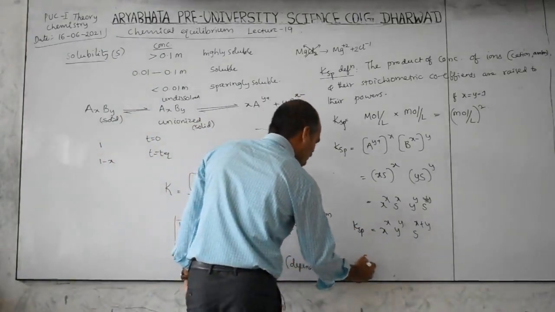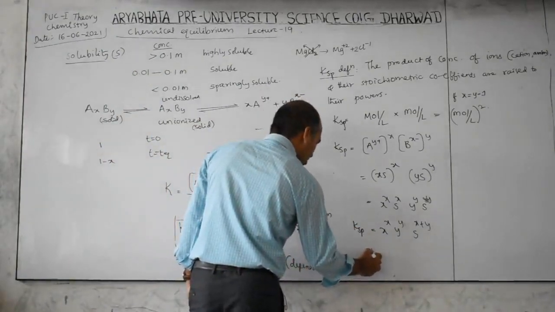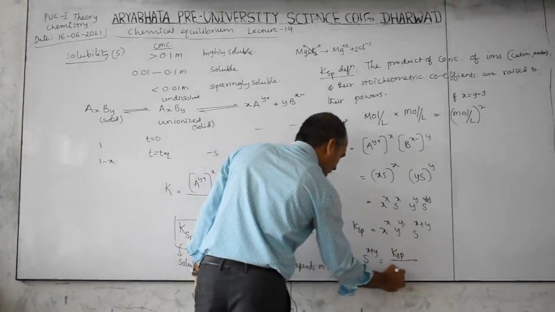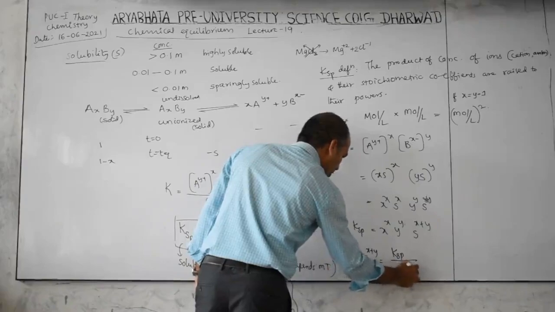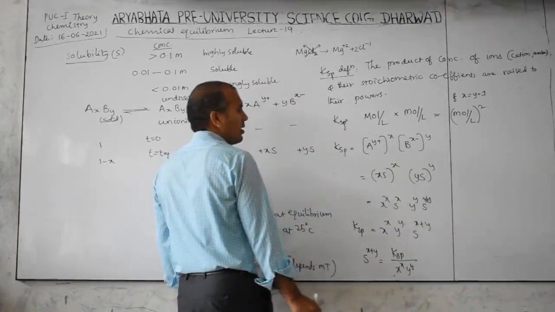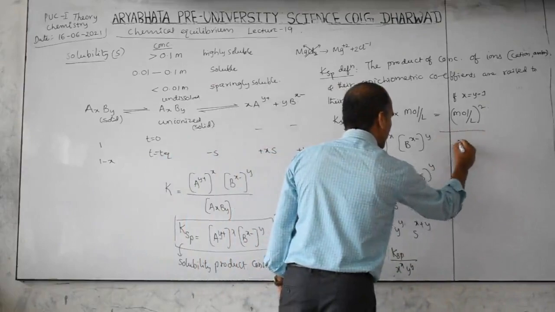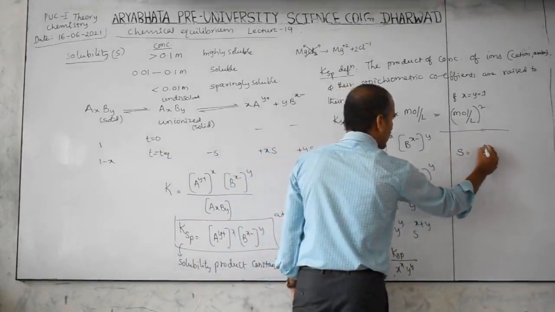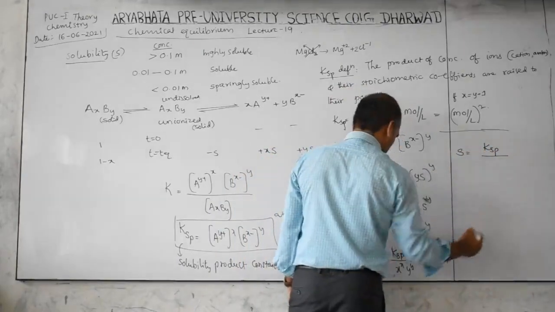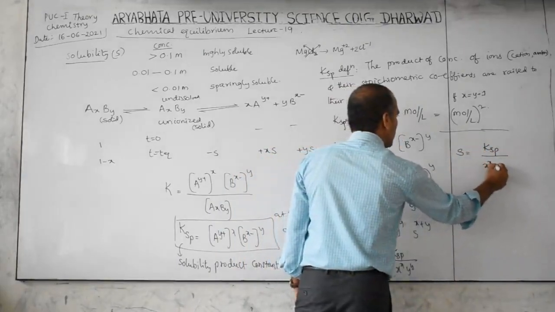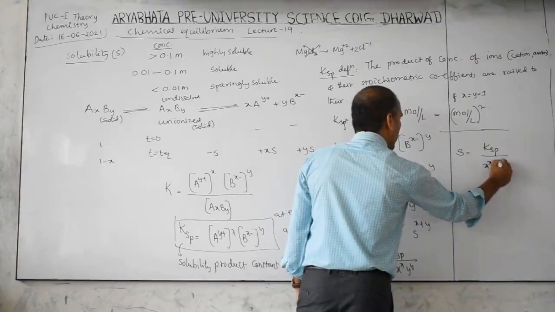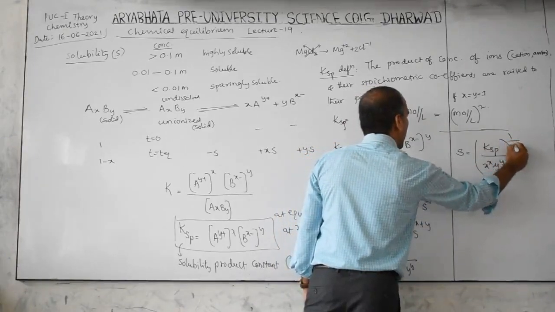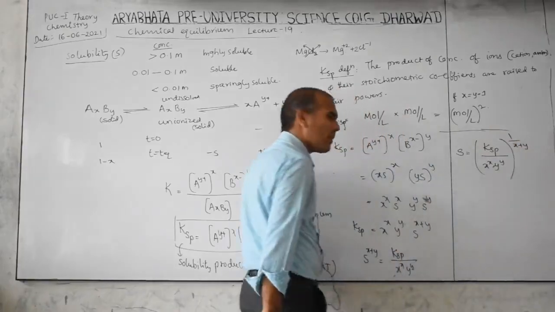If you want solubility, then this can be represented as Ksp by x power x, y power y. Then next step, since you want only solubility, this is Ksp by x power x and y power y, whole power 1 by x plus y.